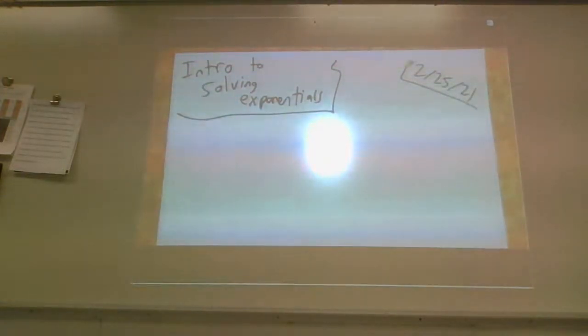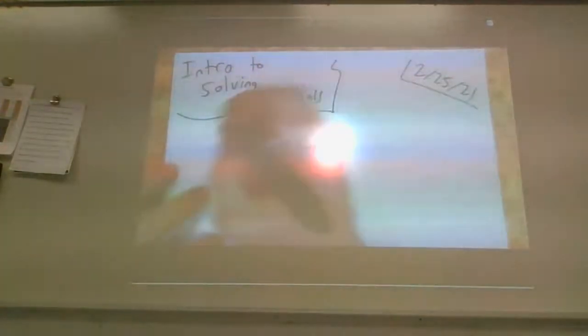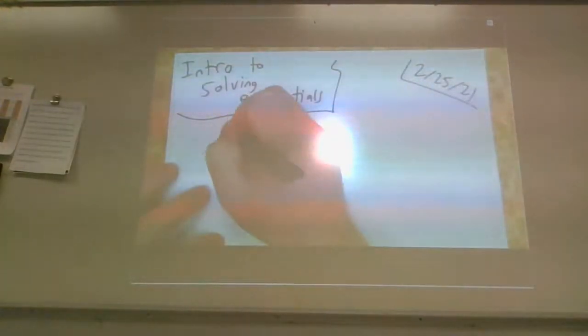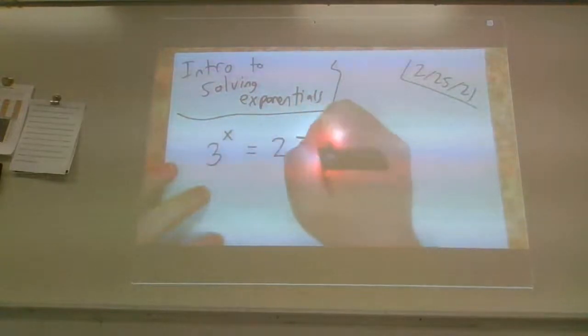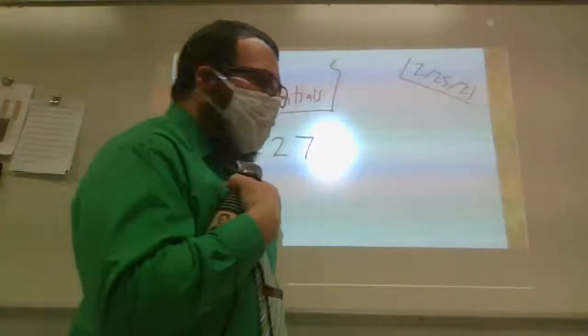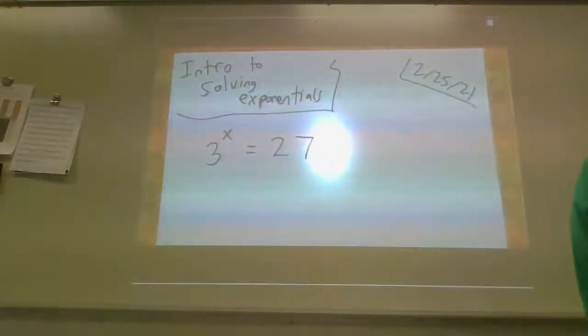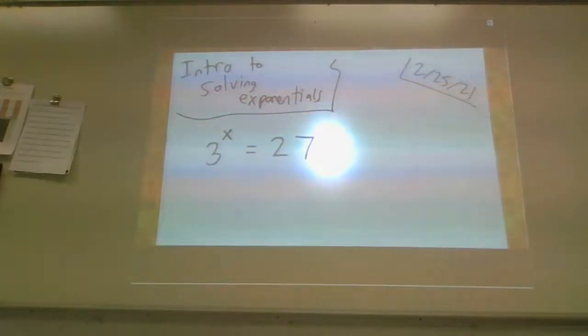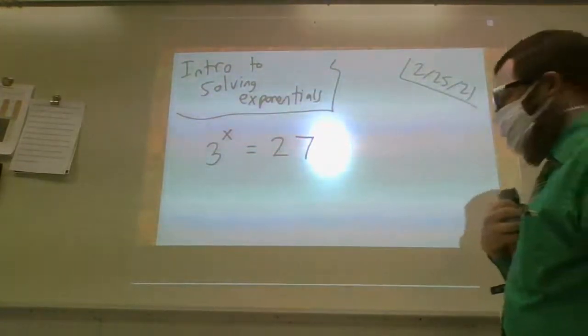So let's start with something very basic, very straightforward. This is probably one of the more straightforward exponentials that you may end up seeing over the course of this chapter. Solving something like this just means to get x by itself, to figure out the value of x, to isolate x.